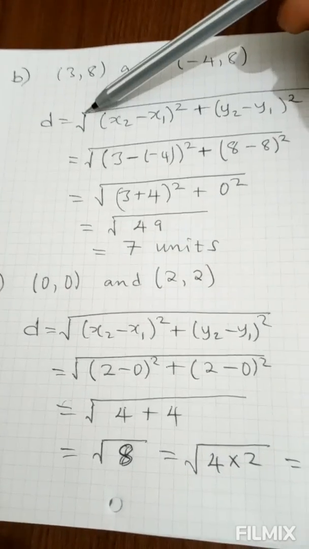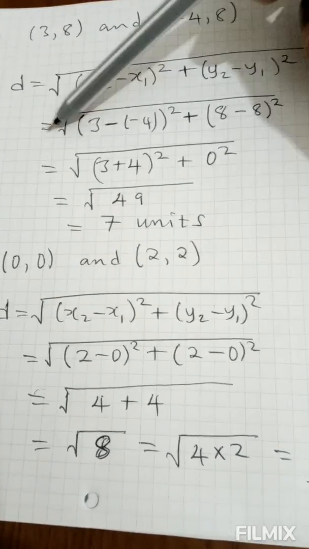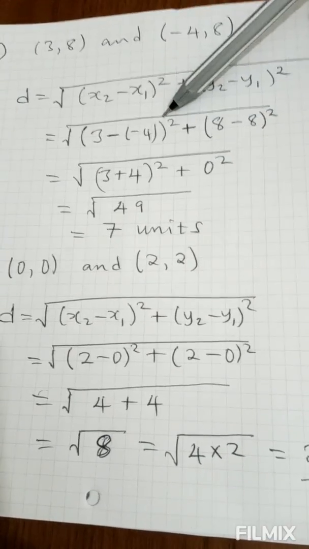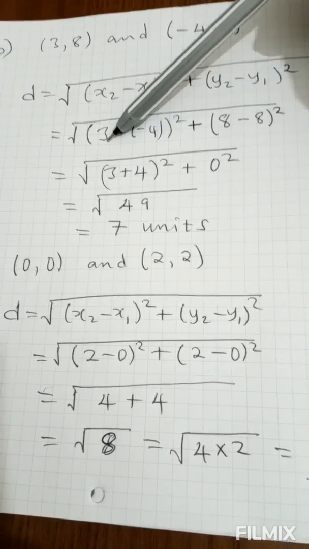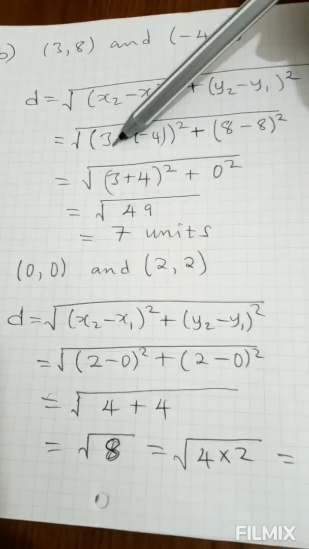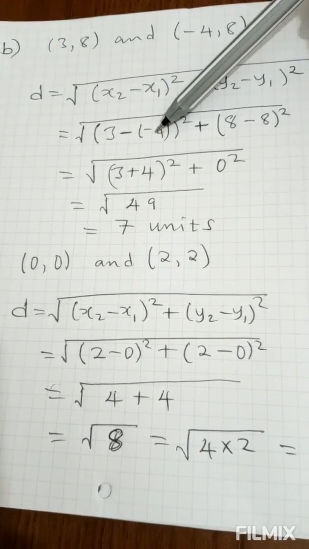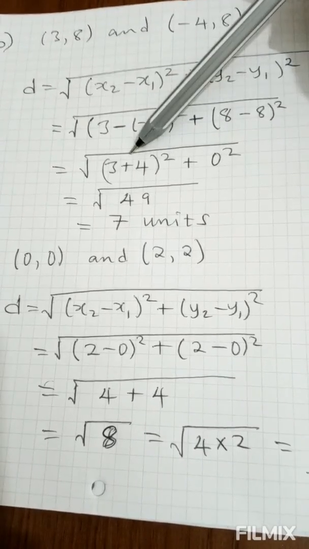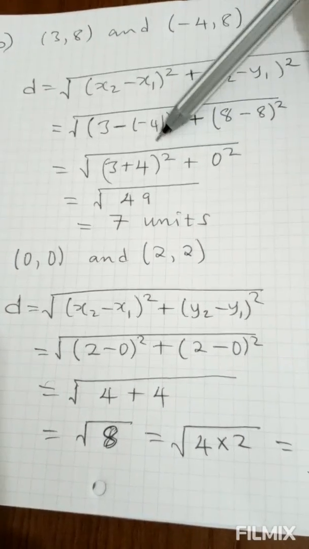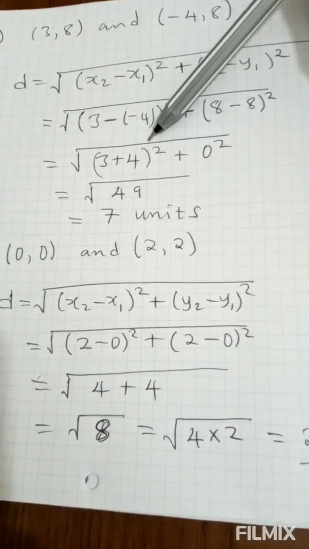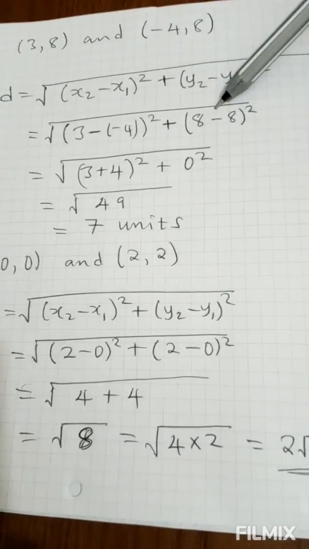So now let's do B. For B we are using the same formula. Now we decided that our x2 is 3 and our x1 is -4. Negative is positive, so we have 3 plus 4 here, squared, that's 7 squared, that's 49. Of course, 8 minus 8 is 0.